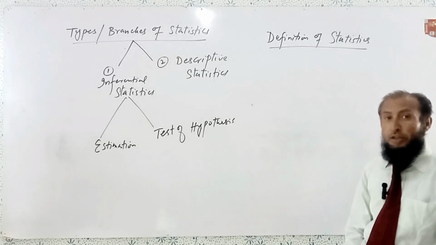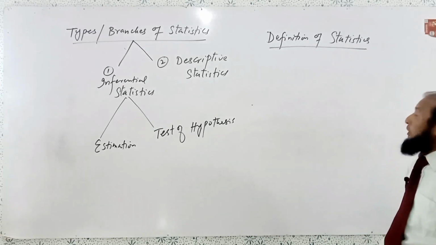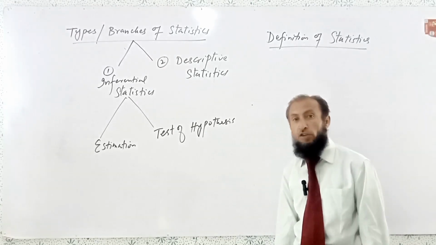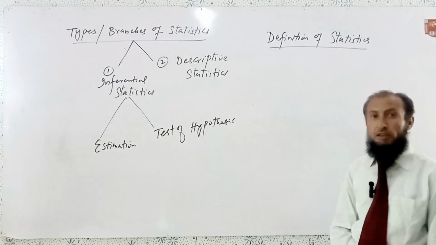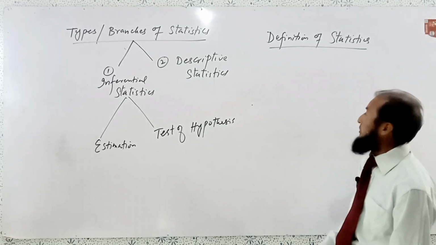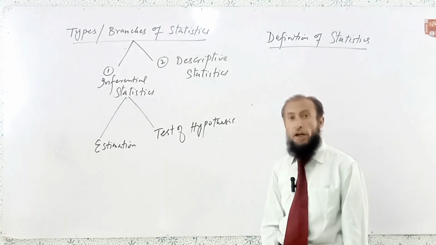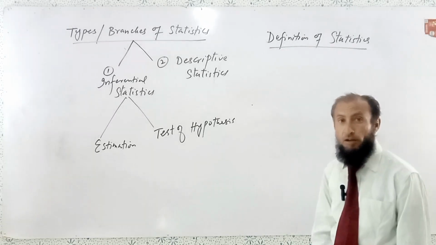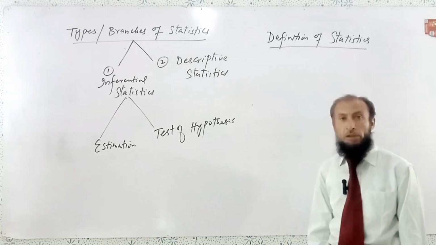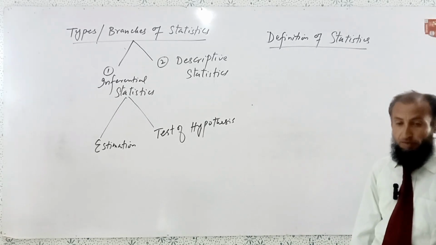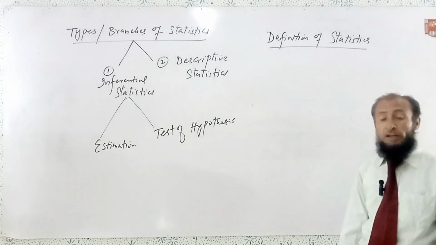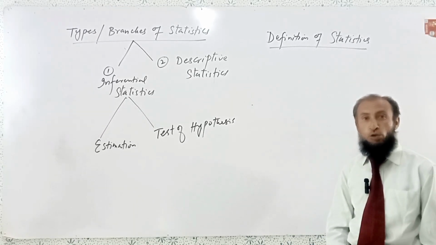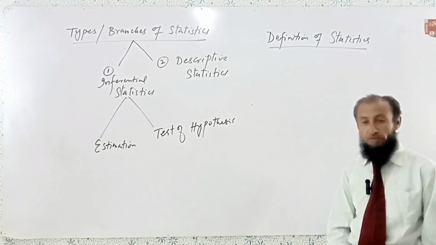But a complete definition: aggregate of facts affected to a marked extent by multiplicity of causes, numerically expressed, estimated, and placed in comparison for predetermined purposes, is called statistics. So statistics is also the chance of occurrence.